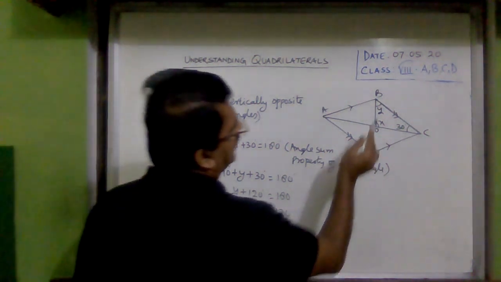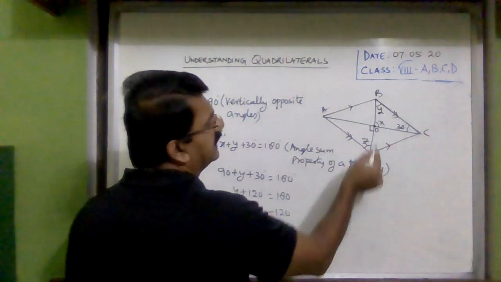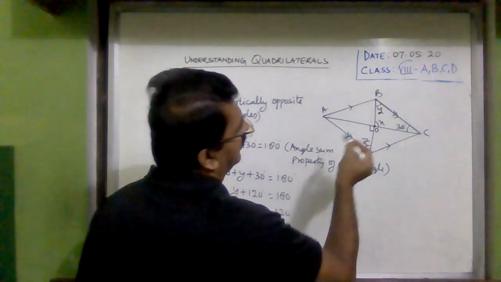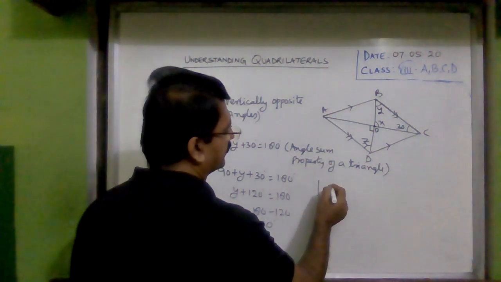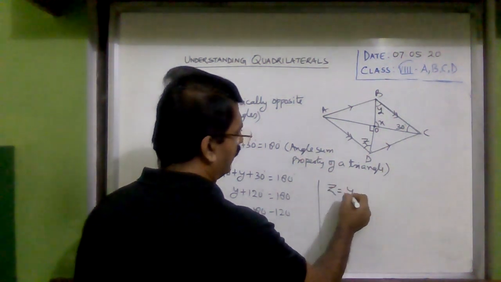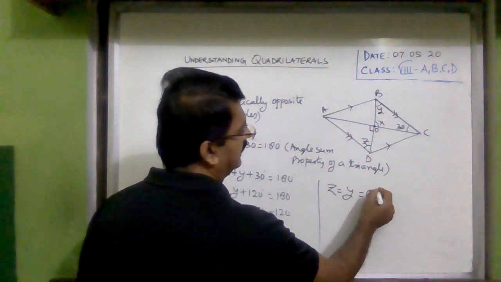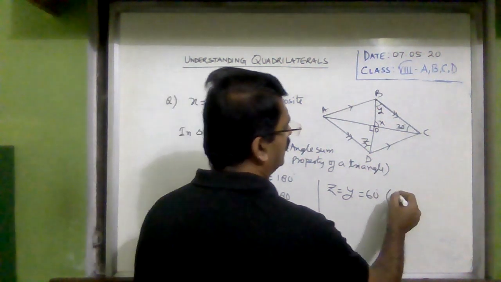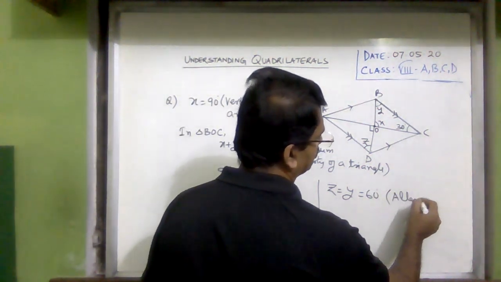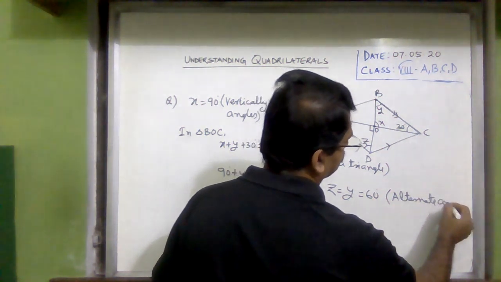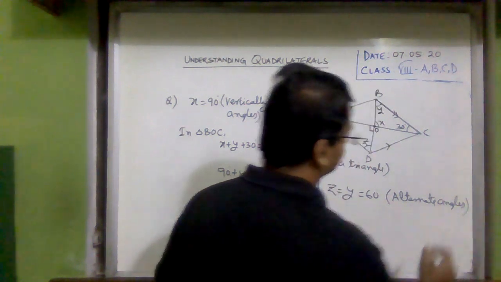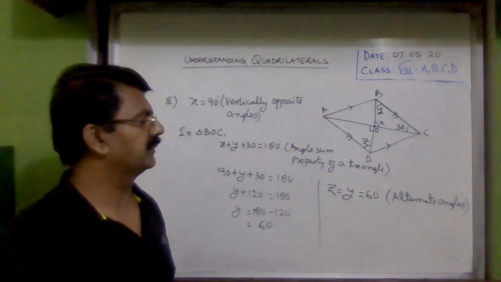Now as BC and AD are parallel and BD is a transversal, so Y and Z are alternate angles, so they must be equal. So you simply write Z is equal to Y is equal to 60 degrees. Reason: alternate angles.